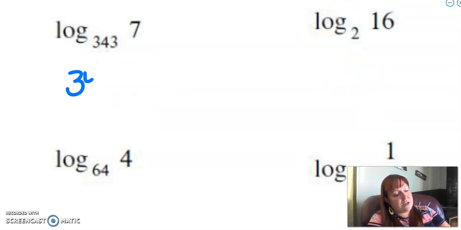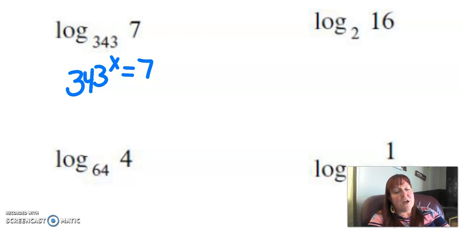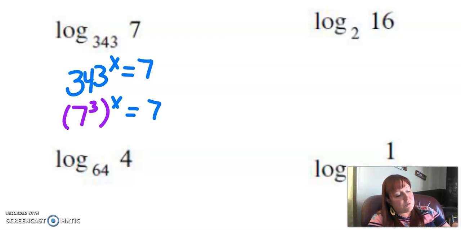What power do I need on 343 to get to 7? Well, a negative exponent wouldn't work here because negative exponents always spit out fractions, and we don't want a fraction. So let's think about, could I change 343 into the same base as 7? Yeah, 343 is the same as 7 cubed. So this is 7 cubed to the x equals 7.